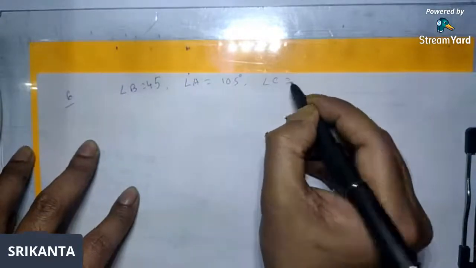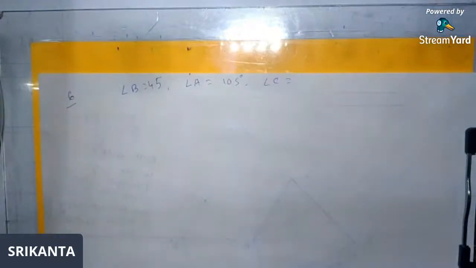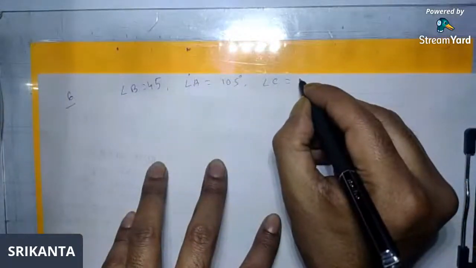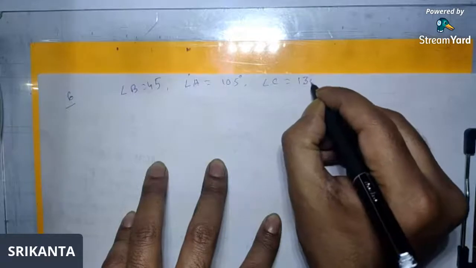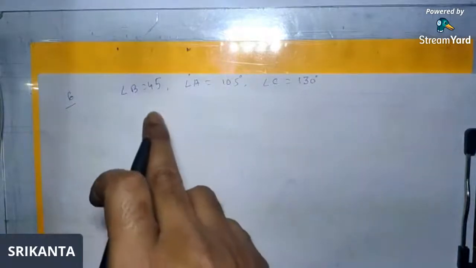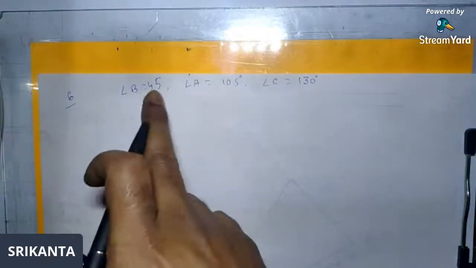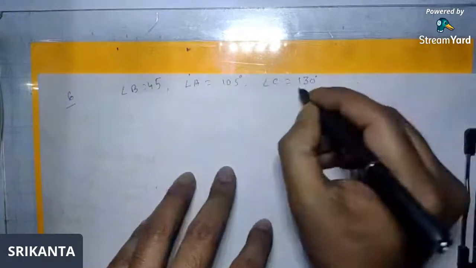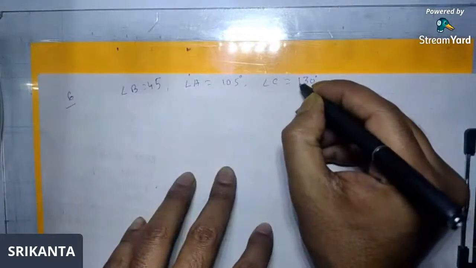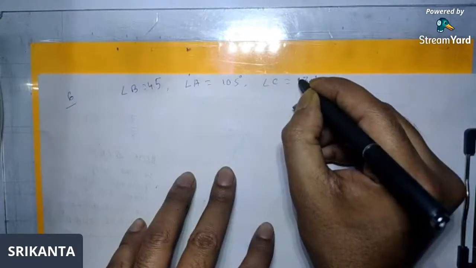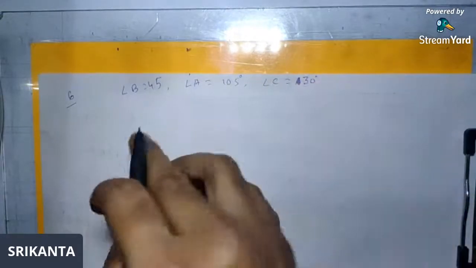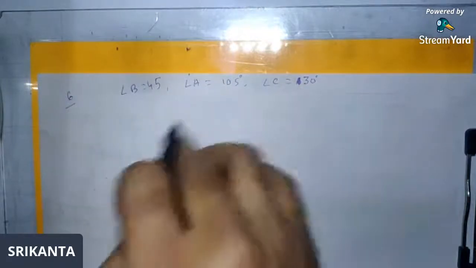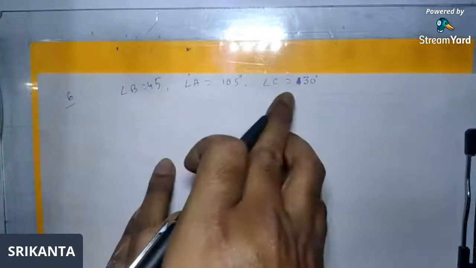Therefore, angle C will be what? 45 plus 105 is 150, so angle C is 30 degree. Not 130, only 30 degree. Clear? So found.